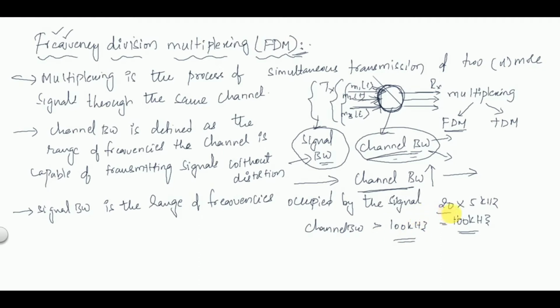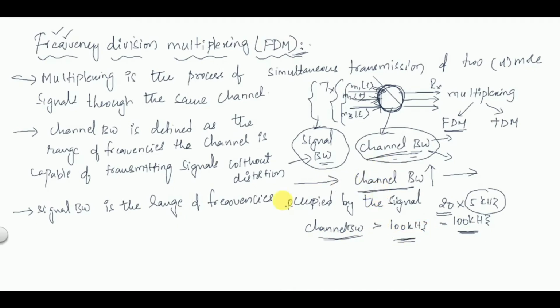That is, depending on the number of signals to be multiplexed and the frequency of each signal being transmitted, the channel bandwidth must accommodate. So it should accommodate all the signals simultaneously.